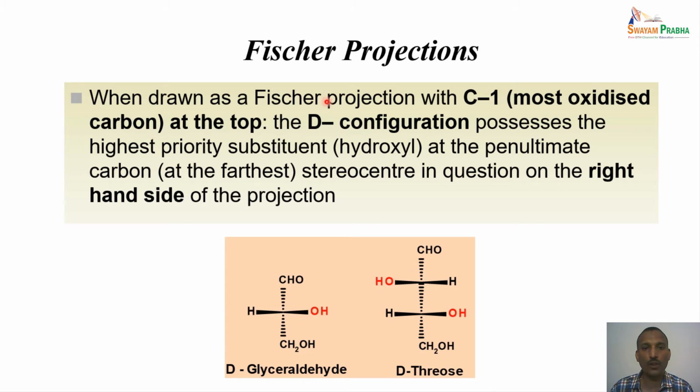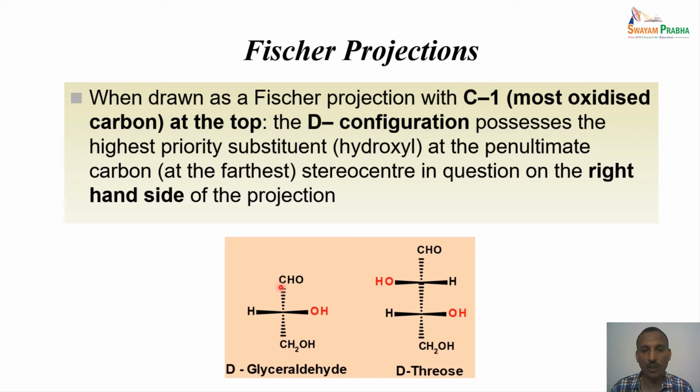When we draw the Fischer projection, carbon atom 1, which is the most oxidized carbon, is written at the top. In this molecule, we have an aldehyde group and a primary alcohol group. Between the primary alcohol and the aldehyde, the aldehyde is the most oxidized one, so this is written at the top. This is step number 1.